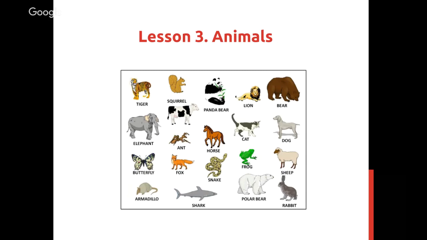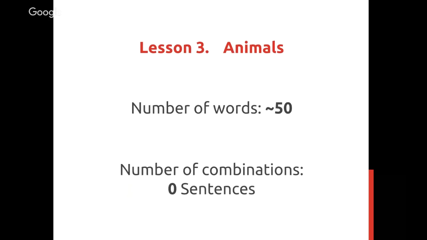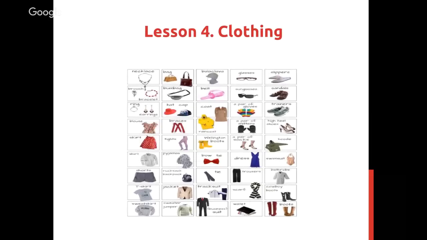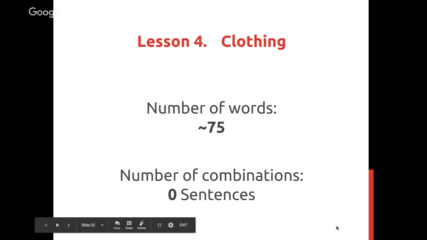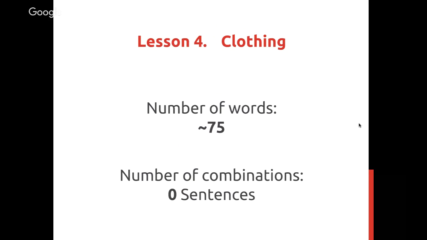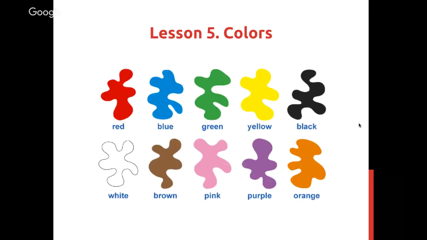And then often the names of the animals, and many websites like Duolingo, for example, also tend to teach the names of the animals, of clothing, and after a while you've learned maybe 75 words, but the problem is that you're not able to make any sentences, any combinations with these words.